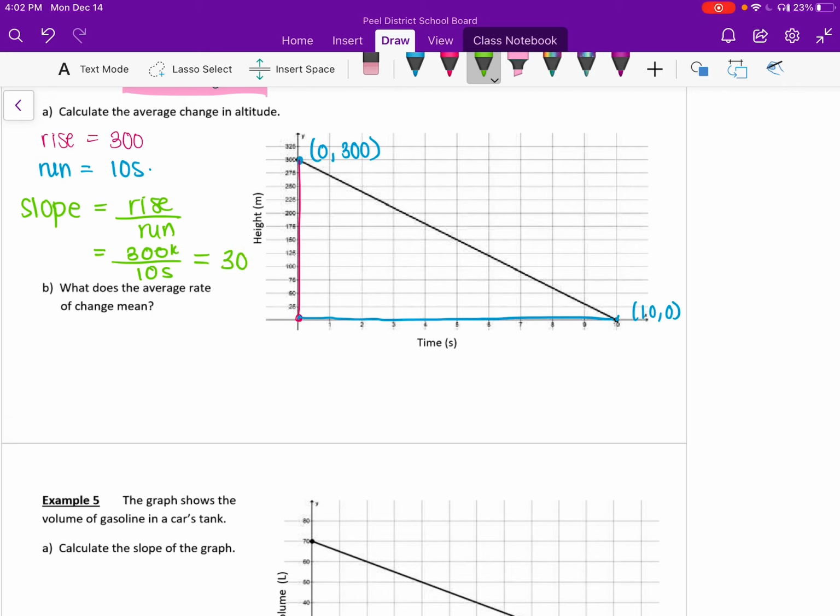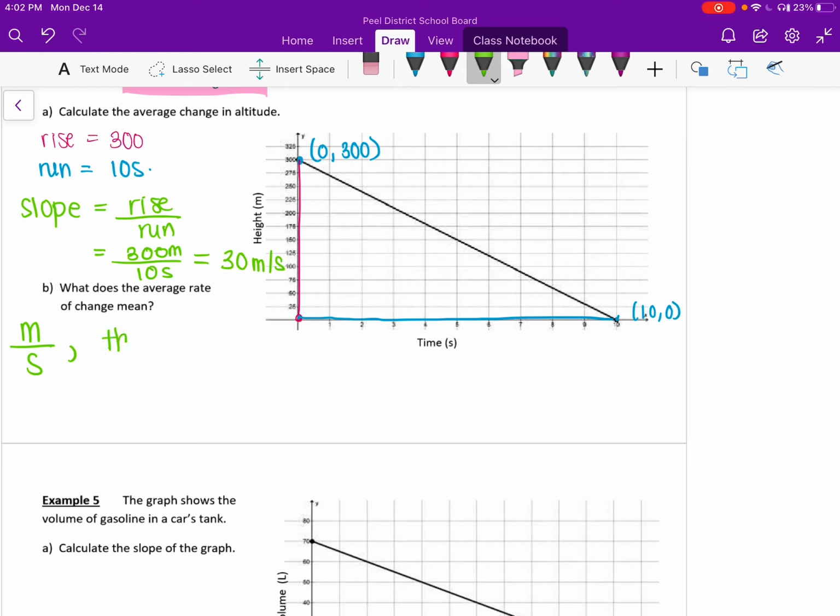And if I go in and I write my units in, which I always recommend doing, I have meters per second, right? So in this situation, because it's meters per second, you're checking how fast did he get from the top to the bottom, right?